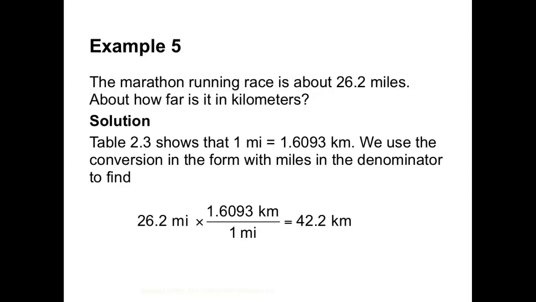So you would need to know the conversion rate that 1 mile is 1.6093 kilometers. And then I would take my 26.2 miles, put that over 1, and multiply it by that conversion factor with miles in the denominator. So then all you're doing is multiplying the 26.2 by the 1.6093. We end up in units of kilometers, so 42.2 kilometers.